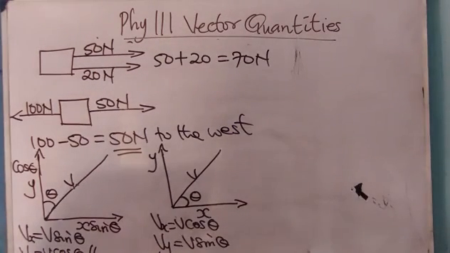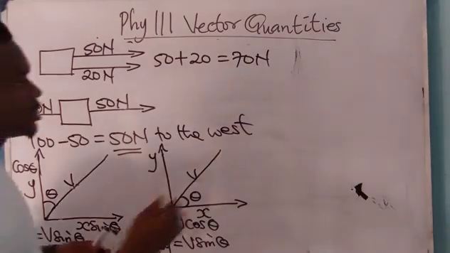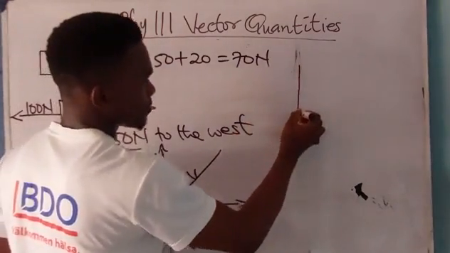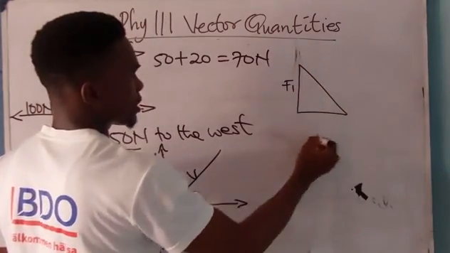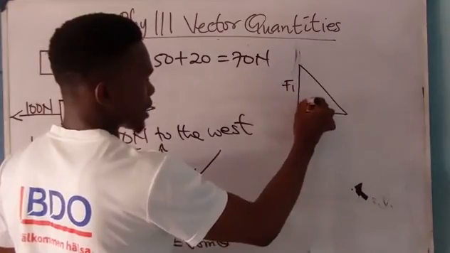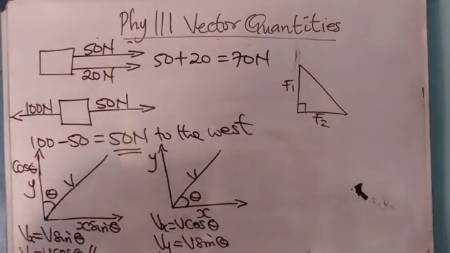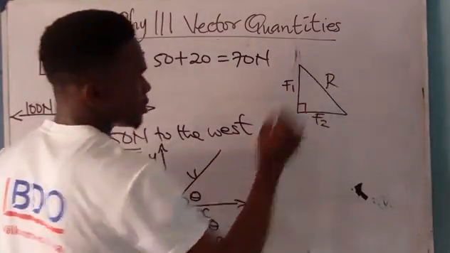Now, if I have something like this, if I have force 1 and force 2, inclined at an angle of 90 degrees, and this one is the resultant.